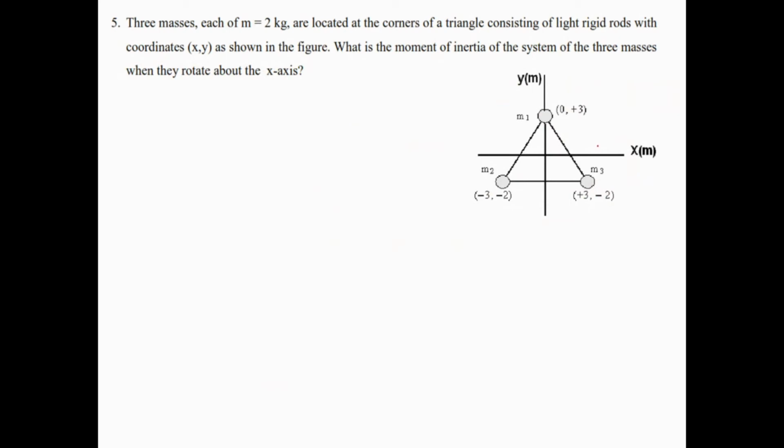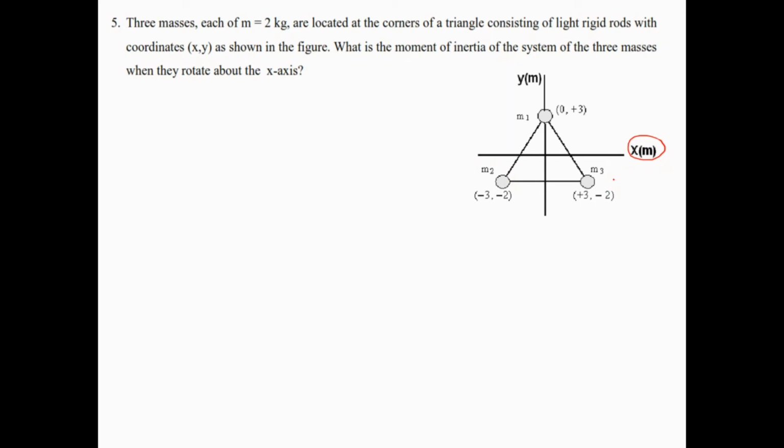So from the diagram we are going to find the answer. Clear? What is the moment of inertia of the system of the three masses when they rotate about the x-axis? That means the axis of rotation here we are going to consider as our x-axis. When you rotate about the x-axis, all these three masses will be rotated based on this x-axis, right? So the axis of rotation here is x.